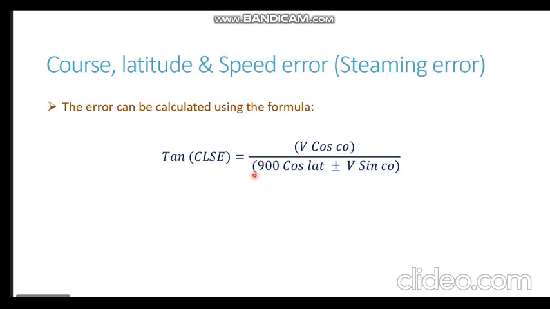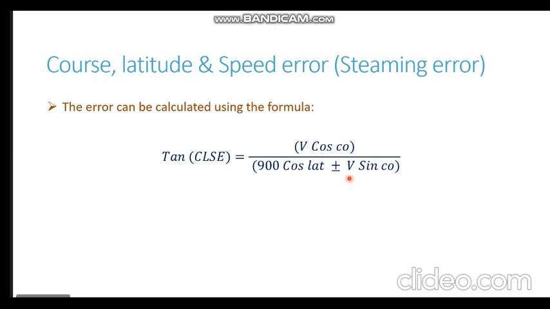Whole divided by 900 cos latitude plus minus V sine course. Latitude is the latitude of the place where the ship is. You can see two signs mentioned here in the denominator, a positive and a negative sign. We will see which sign is to be used as per which criteria.